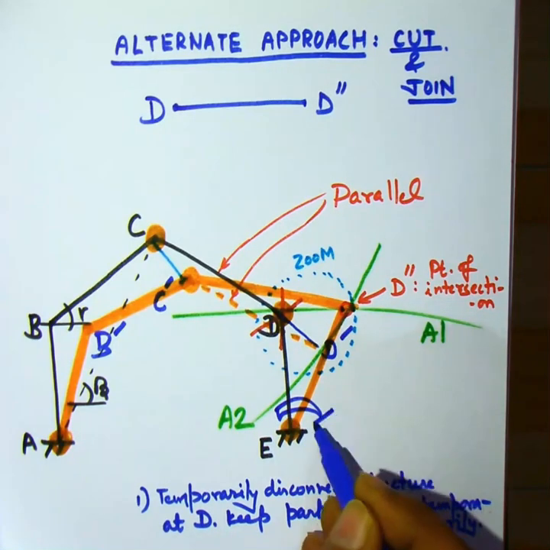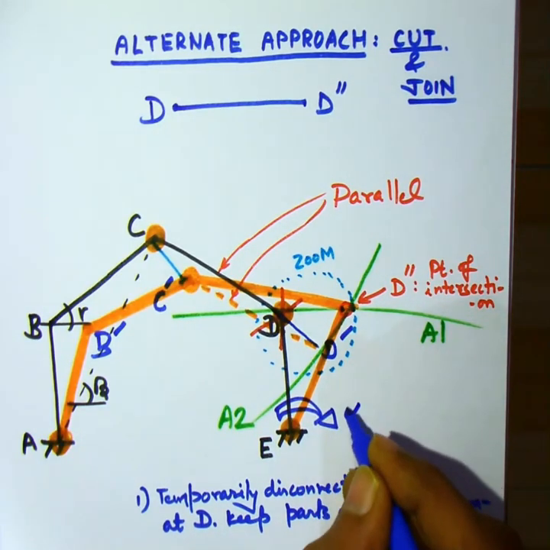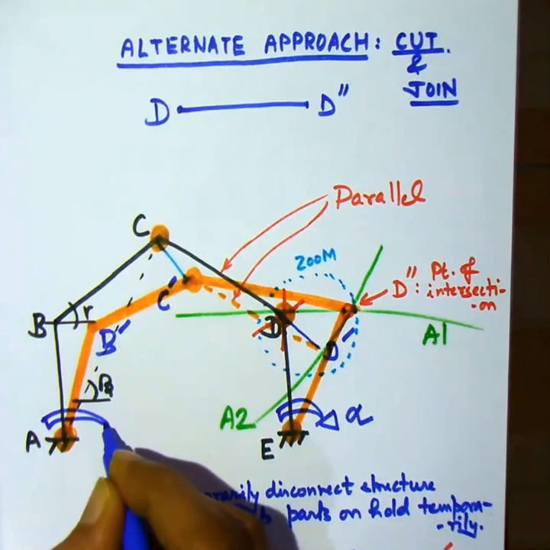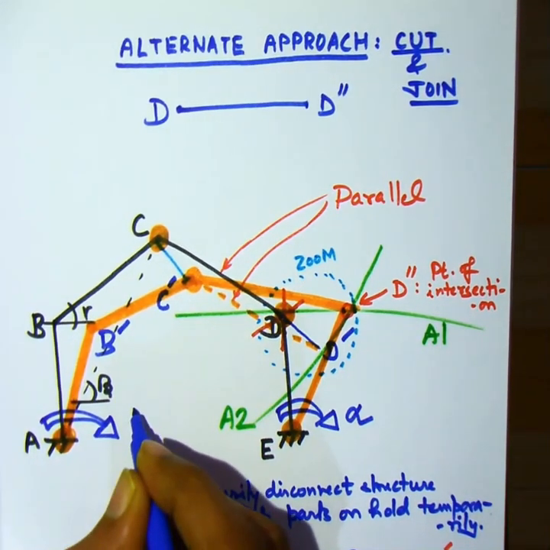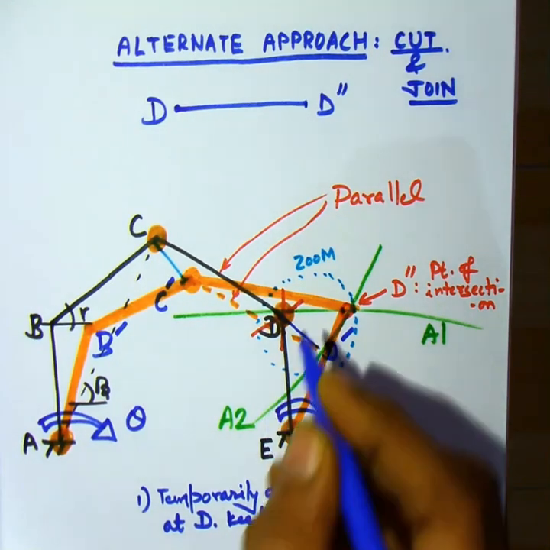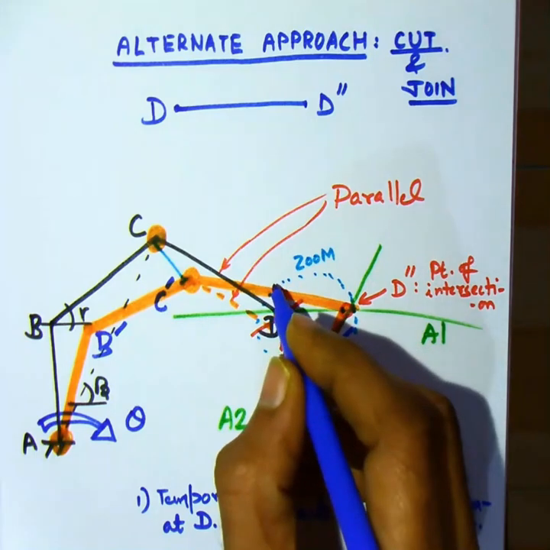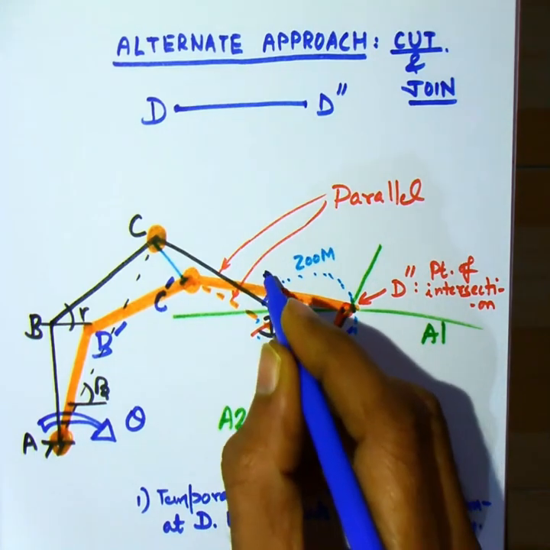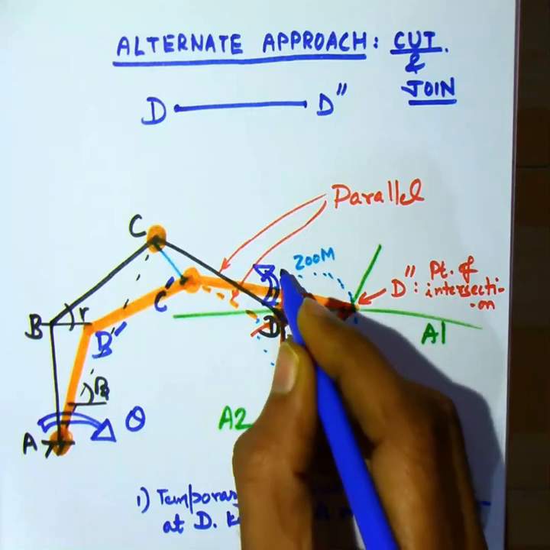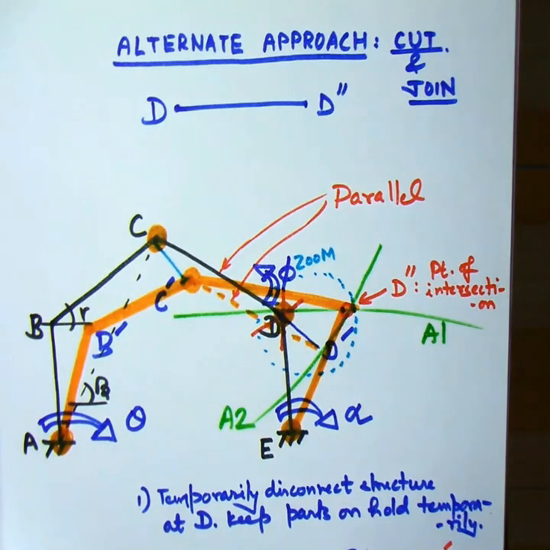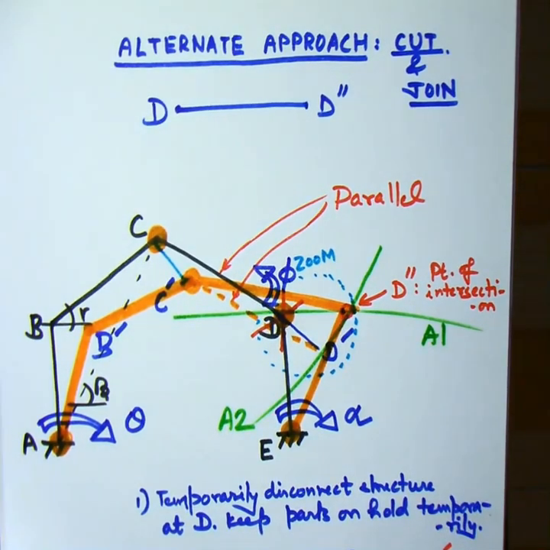We assume that ED undergoes a rotation alpha about E and the segment ABC undergoes the rotation theta about A. CD undergoes rotation phi, but note that the rotation phi is opposite to theta and alpha.